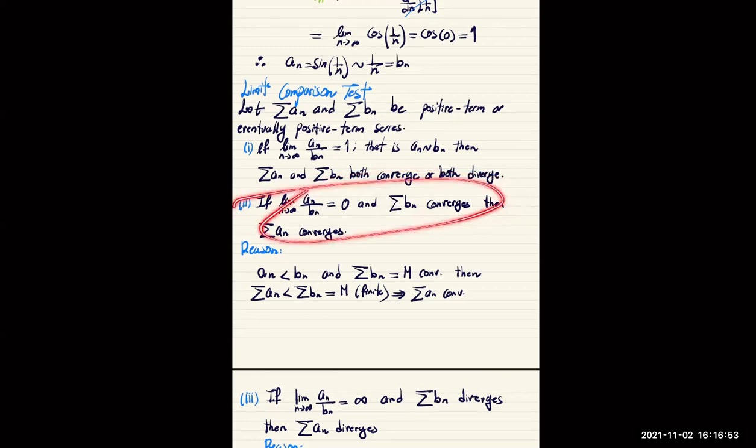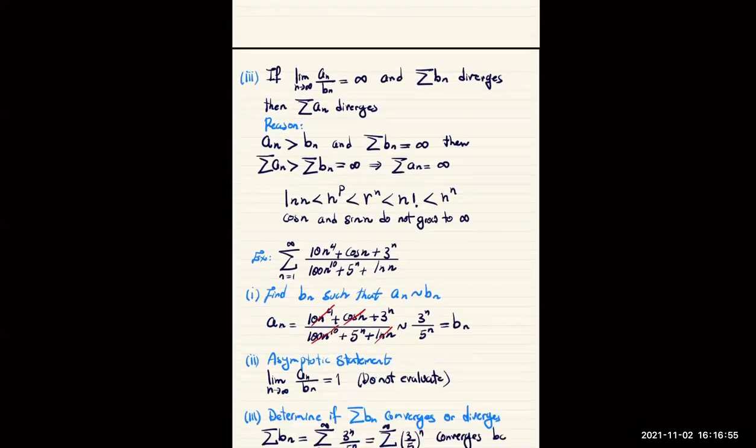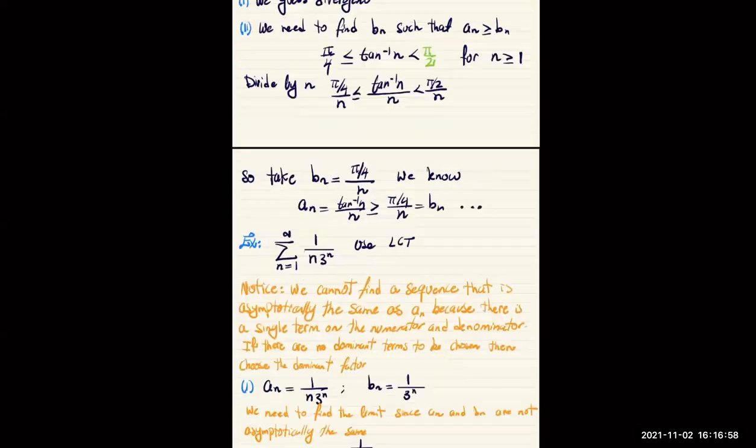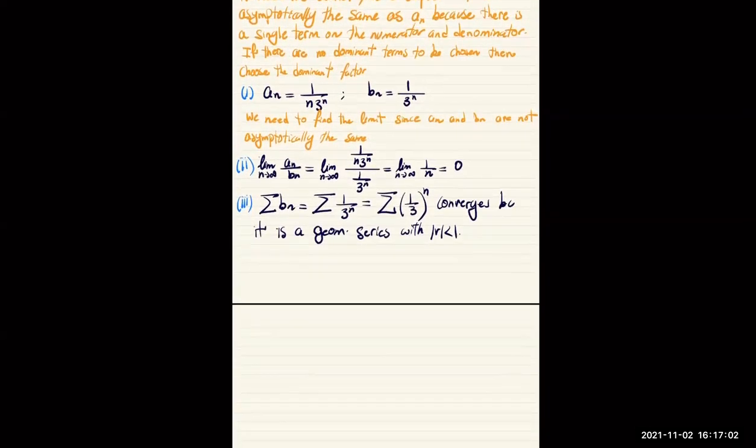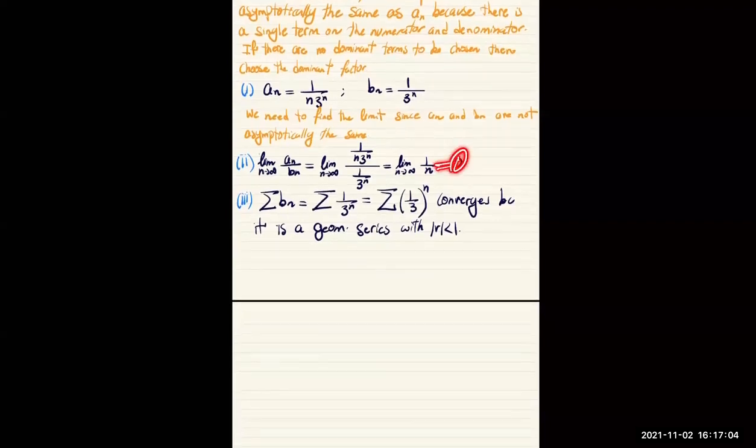It's this statement right here, and that happened exactly. So the limit of the ratio is 0 and the summation of B sub n converges, therefore the series of (1/3)^n converges by the limit comparison test.